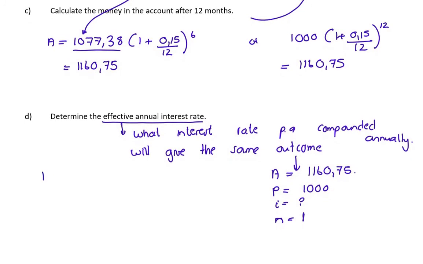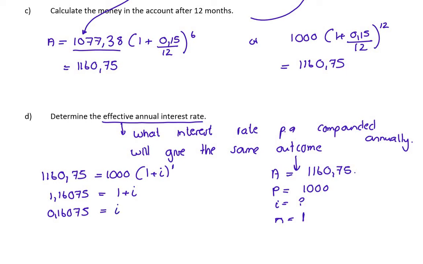So what we can do is use our formula. 1160.75 equals 1,000 times (1 plus interest rate), once. So I would divide by 1,000 on both sides. So I get 1.16075 equals 1 plus i. So I'd minus 1 on both sides. And so I get 0.16075. And then when you multiply by 100, you get 16.075%, which is 16.08%.